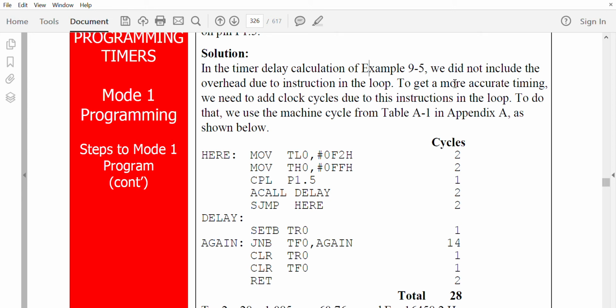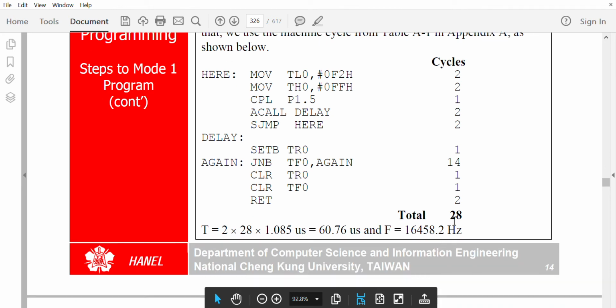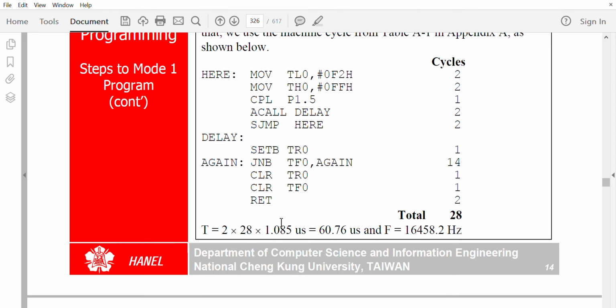If you want to get a correct, exact time delay, that should also be taken. For that, you write the number of cycles for each instruction, calculate the total number of cycles, and multiply 2 into this value into 1.085 microsecond.